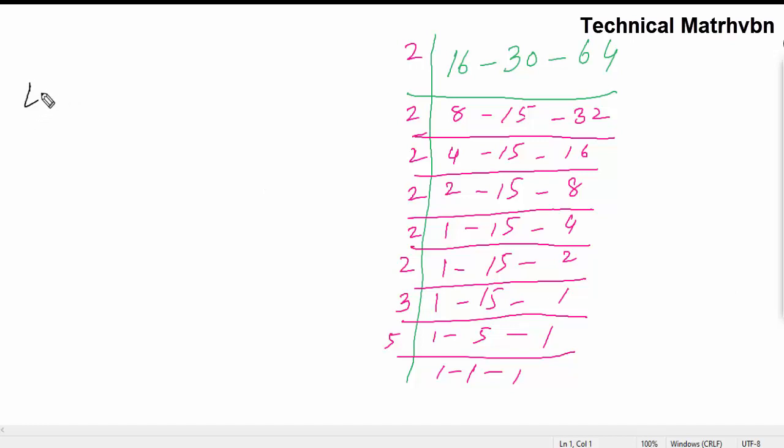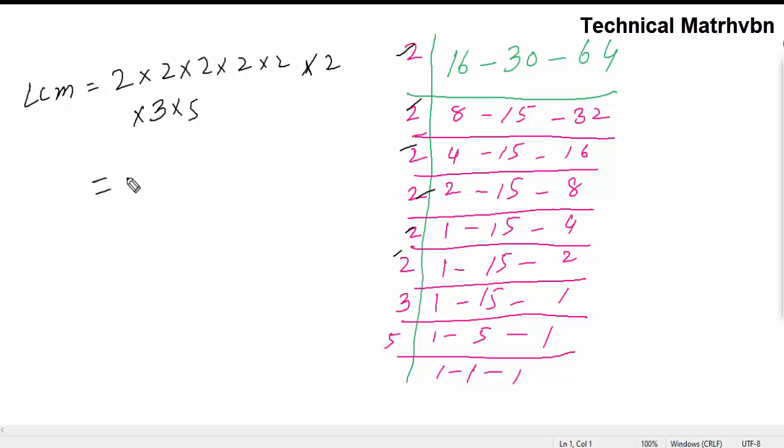Now LCM would be 2 multiply 2 multiply 2 multiply 2 multiply 2 multiply 2 (six 2s), multiply 3 and multiply by 5. 2 2s are 4, 4 2s are 8, 8 2s are 16, 16 2s are 32, 32 2s are 64.